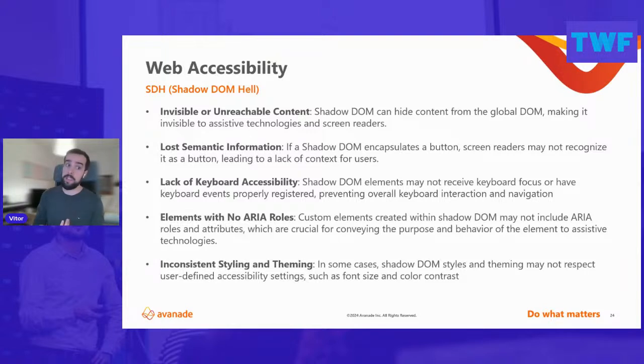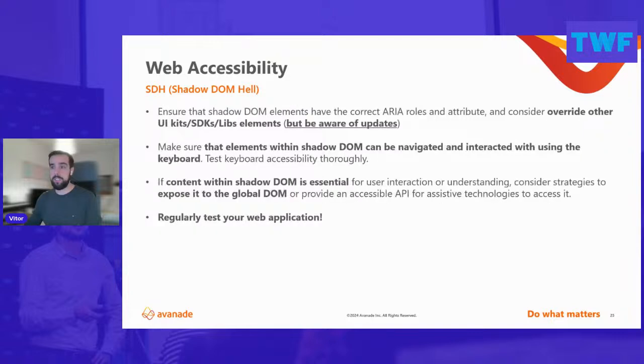They were done by other people, and maybe they are not accessible. So we need to go and check by ourselves, doing some manual testing to check if everything is actually according to the accessibility guidelines. Some things might not get focused when they should, and the color contrast as well. Maybe there are some elements that don't have enough contrast, and we are going to have problems later.